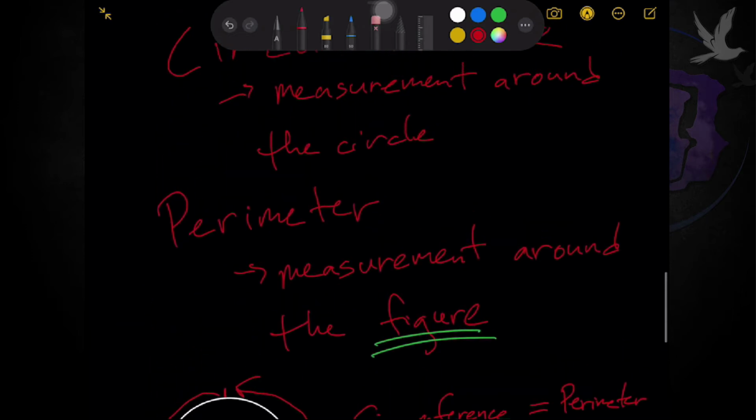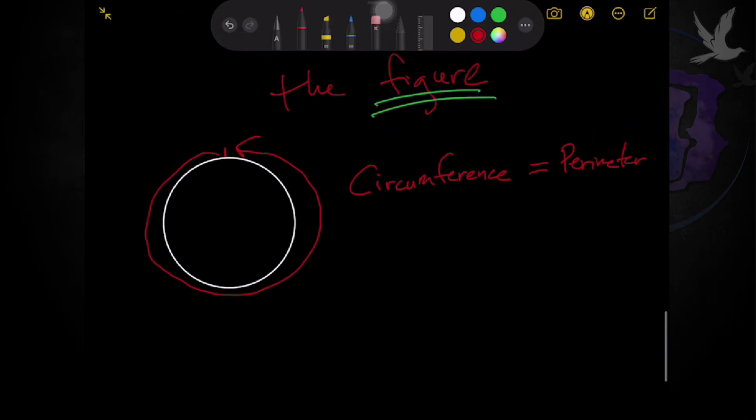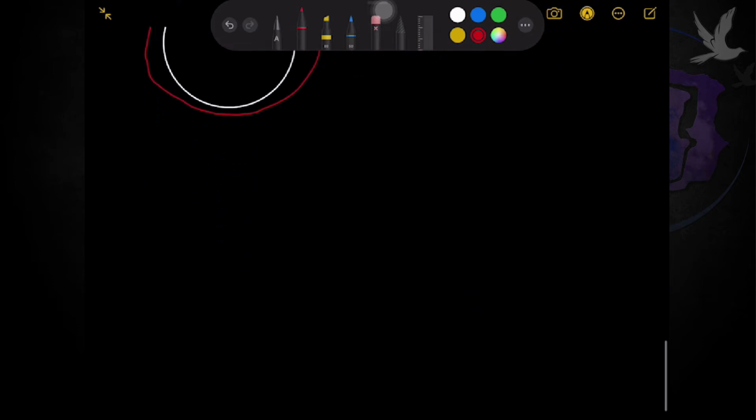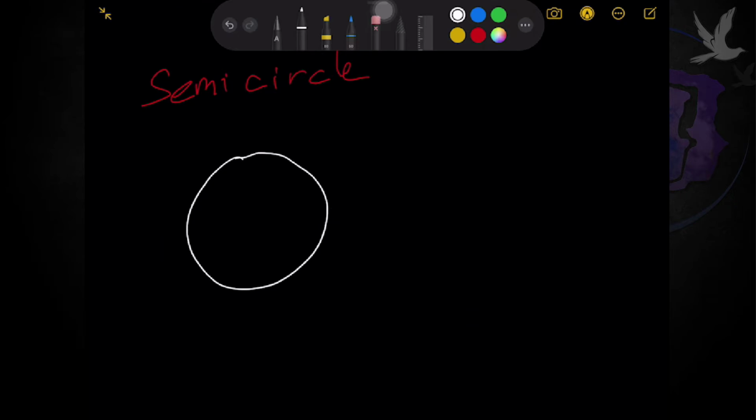Because the measurement around the circle here is also the measurement around the figure. Pero, pagdating natin ngayon sa semicircle, ang nangyayari dito is that, klaklaruin natin, okay?